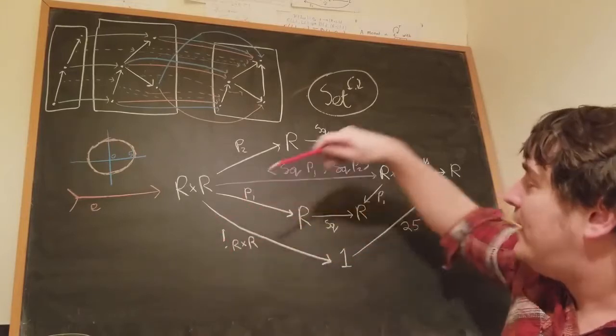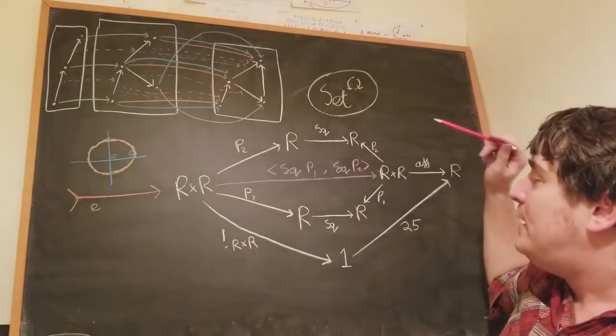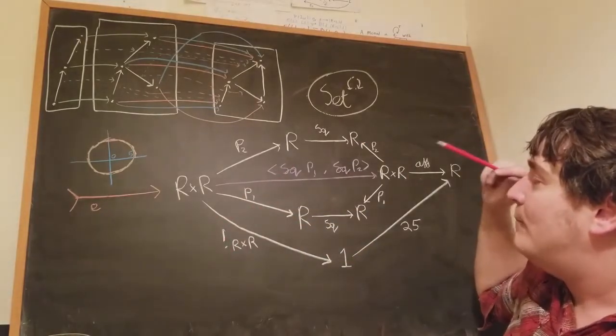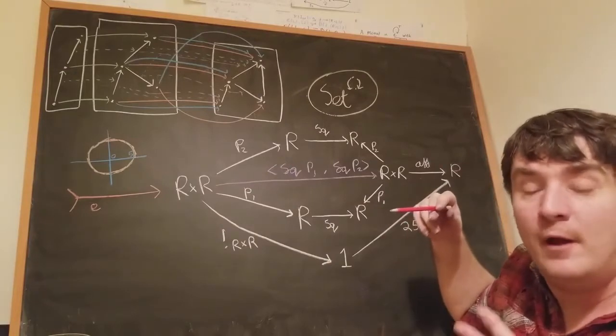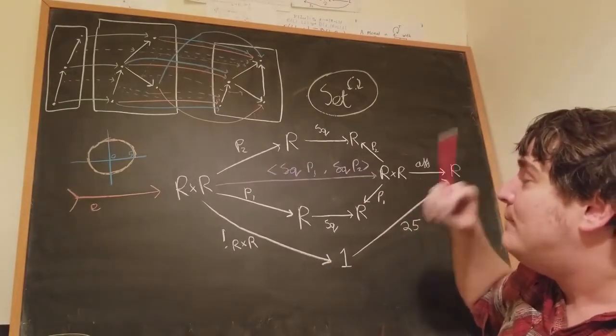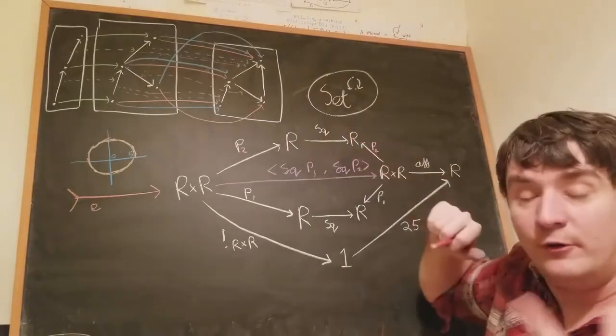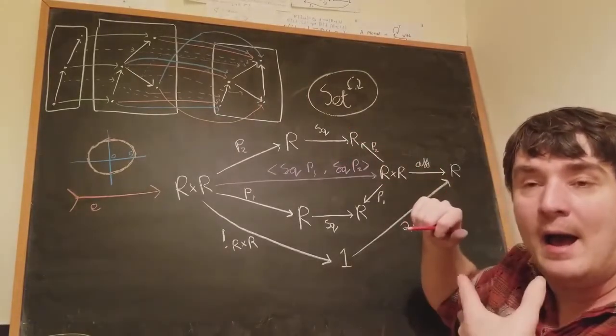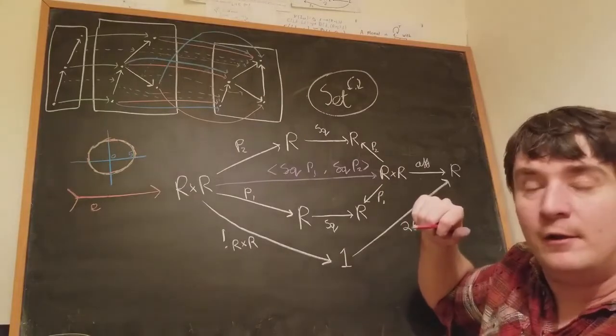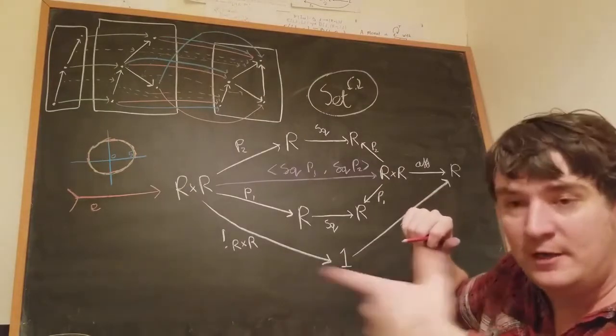Another interesting example of an equalizer is defining what a circle is. In many of these categories there is an object which corresponds to something like a continuum.